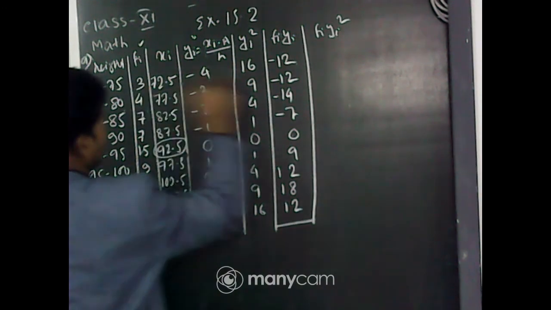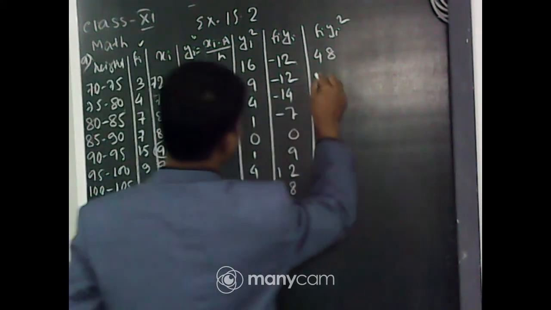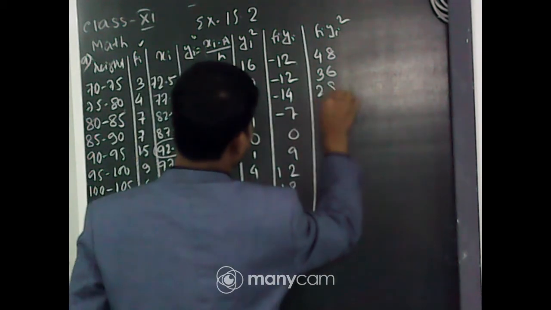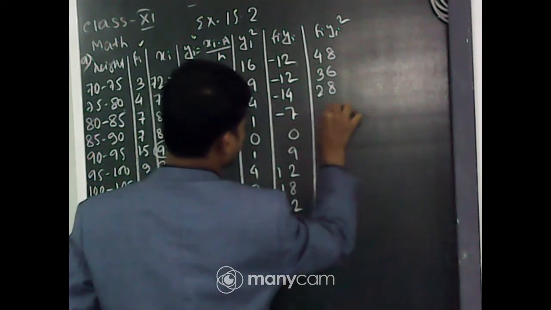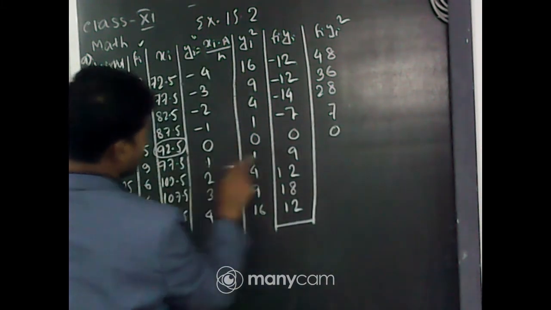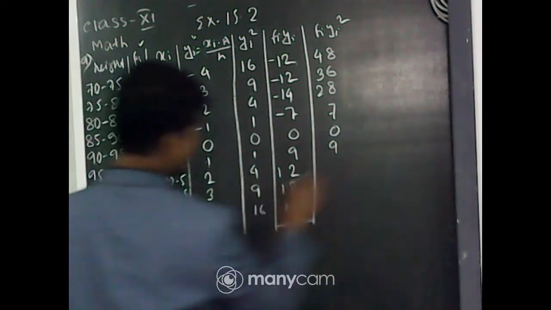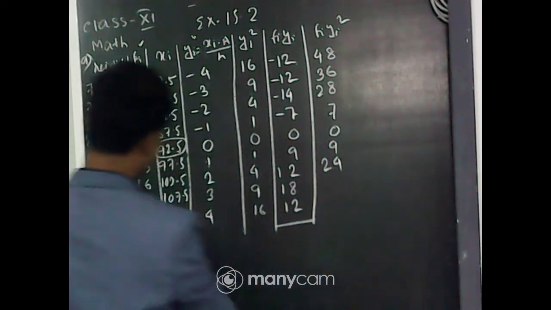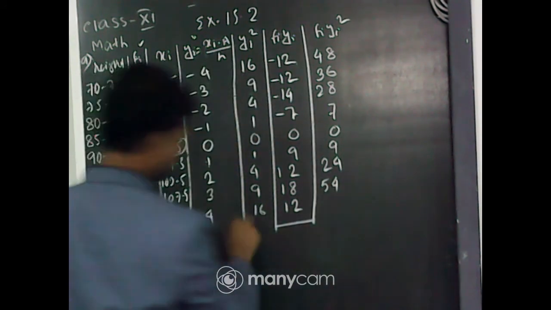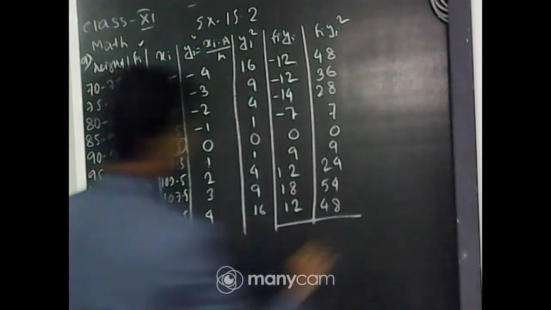So this is 3 into 16, 4 into 9, 7 into 4, 7 into 1, 15 into 0, that is 0, 9 into 1, 9, 6 into 4, 24, 6 into 9, and this is 3 into 16. Okay. So my table is almost completed.